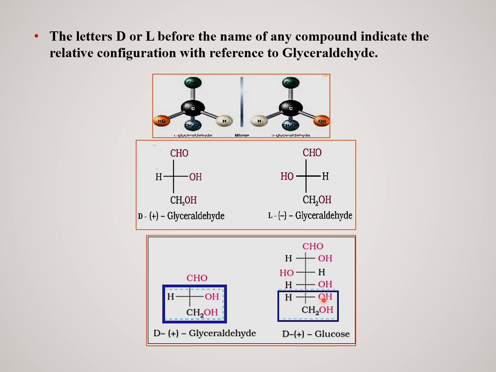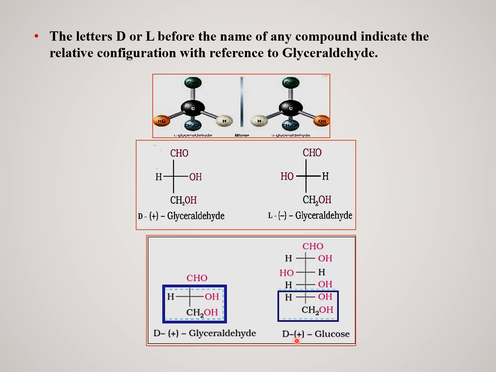If it is having OH to the right, it is very similar to how it is arranged in the case of D-glyceraldehyde. Hence, glucose is also named as D-glucose with reference to D-glyceraldehyde. Plus sign indicates that the molecule of glucose rotates the plane polarized light in the clockwise direction.